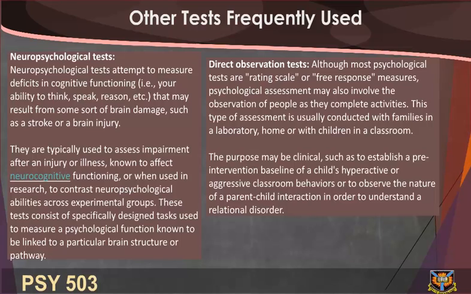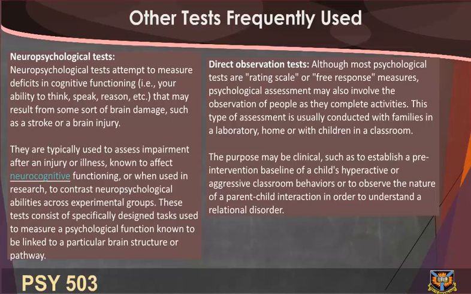Direct observation test. Although most psychological tests are rating scale or free response measures, psychological assessment may also involve the observation of people as they complete activities. This type of assessment is usually conducted with families in a laboratory, home, or with children in a classroom.